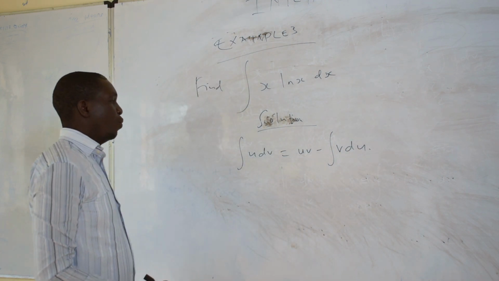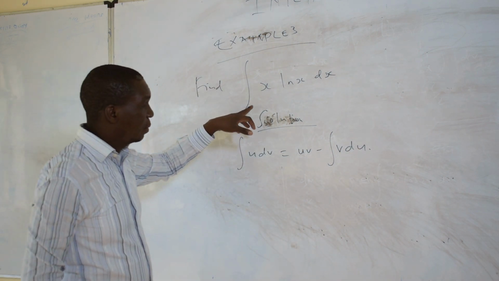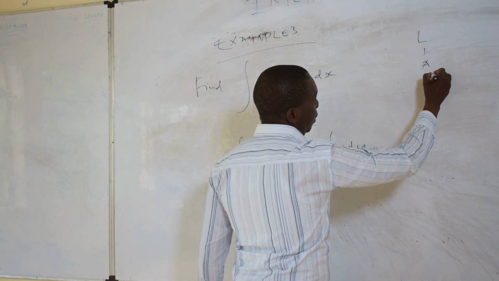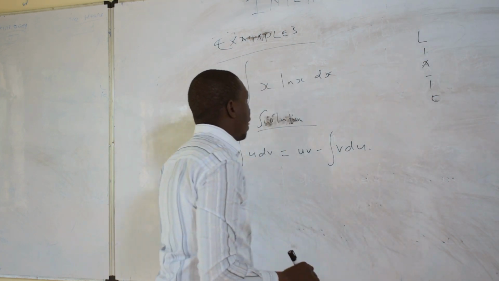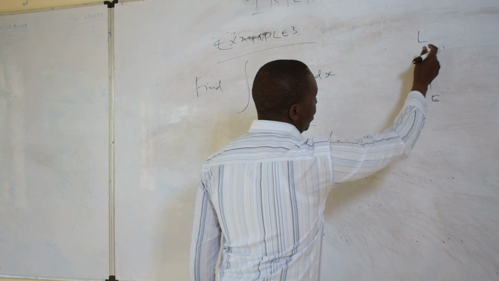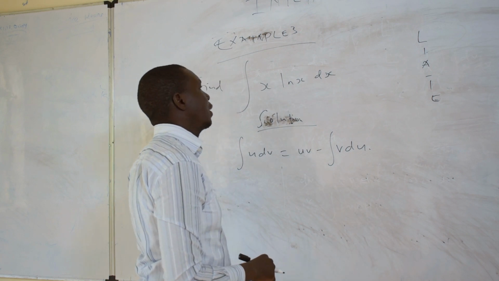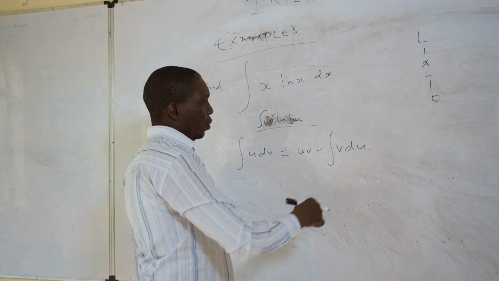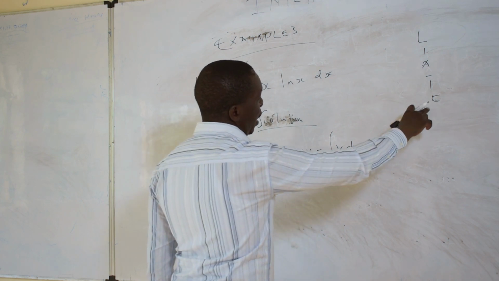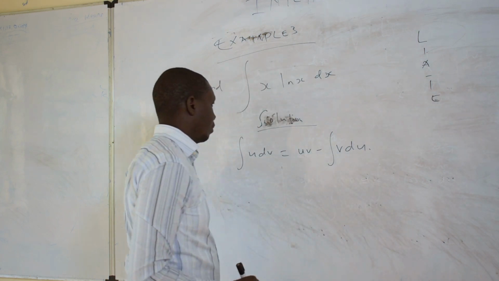Now we need to choose our u and v appropriately using the idea of LIATE, where L is the logarithmic function, I is the inverse trigonometric function, A is the algebraic function, T is the trigonometric function, and E is the exponential function.